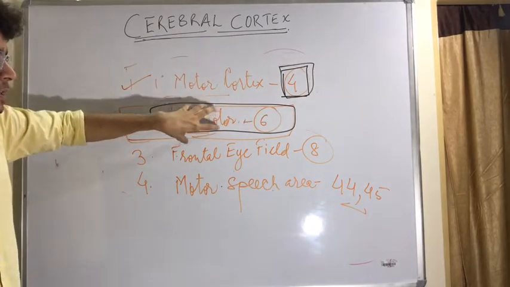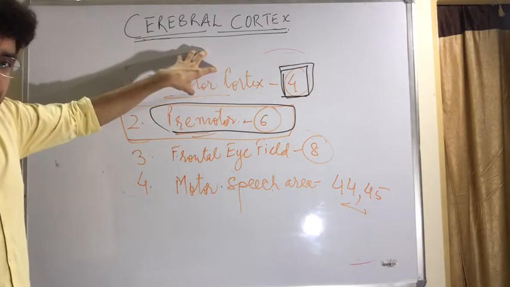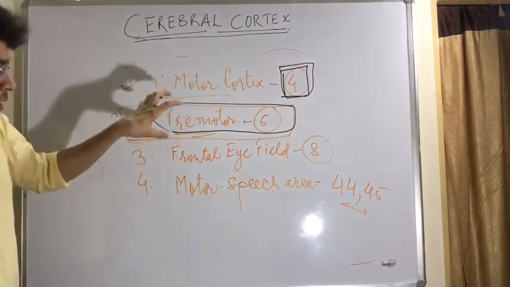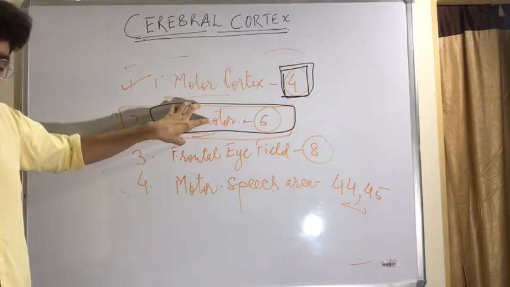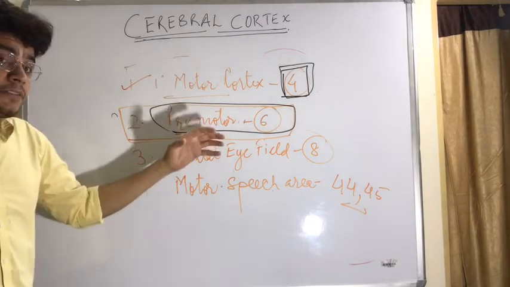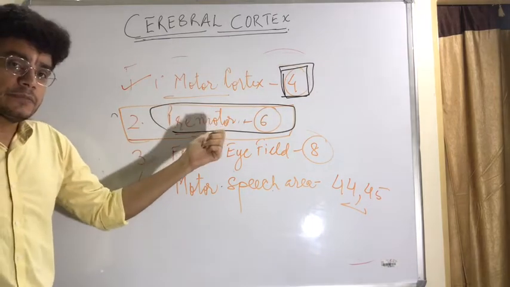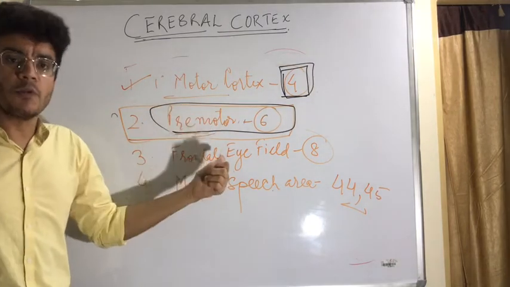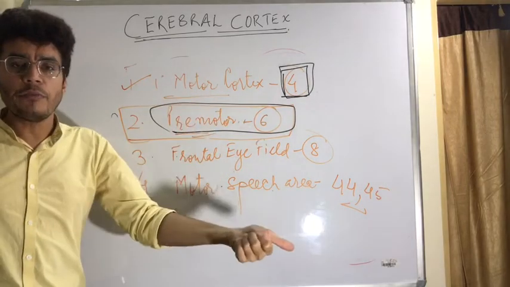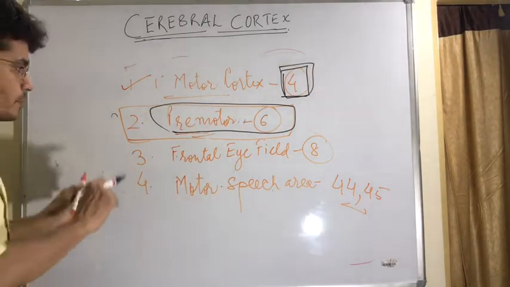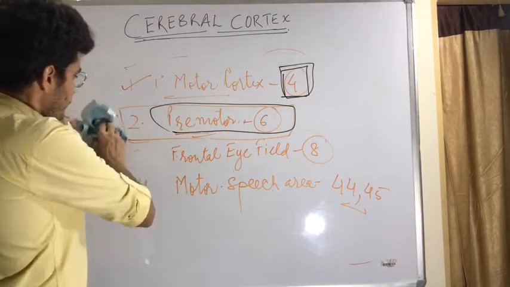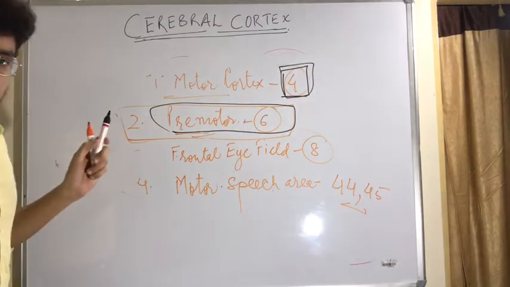It means the primary motor cortex is concerned with performing a voluntary motor movement, and premotor cortex neurons are activated prior to this. Its major concern is the planning of the movement. They will plan the movement and this will execute the movement. So the premotor cortex, area number 6, is concerned with the planning of the movement.